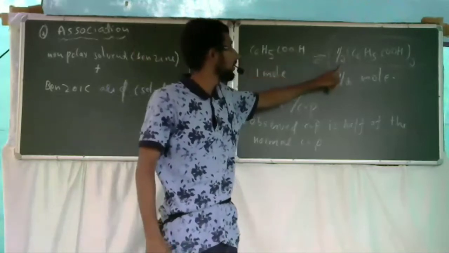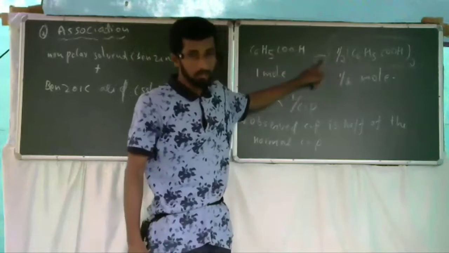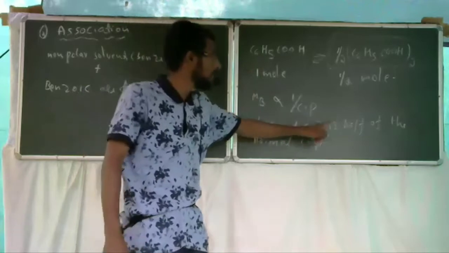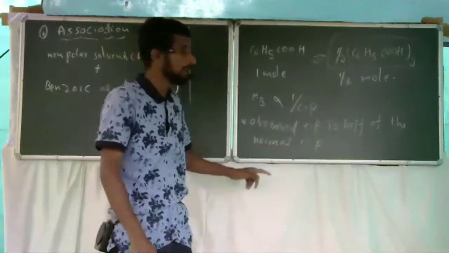Observed estirudu nimage half, but actually theoretically ಎಷ್ಟು ಉಂಟು 1, right? So observed colligative property is half of the normal colligative property.